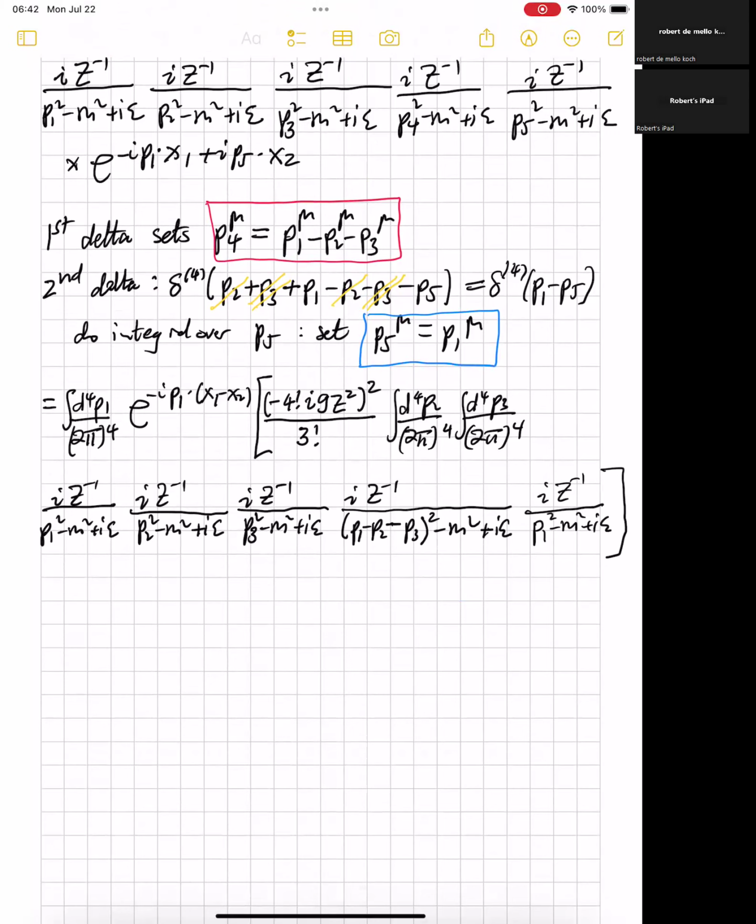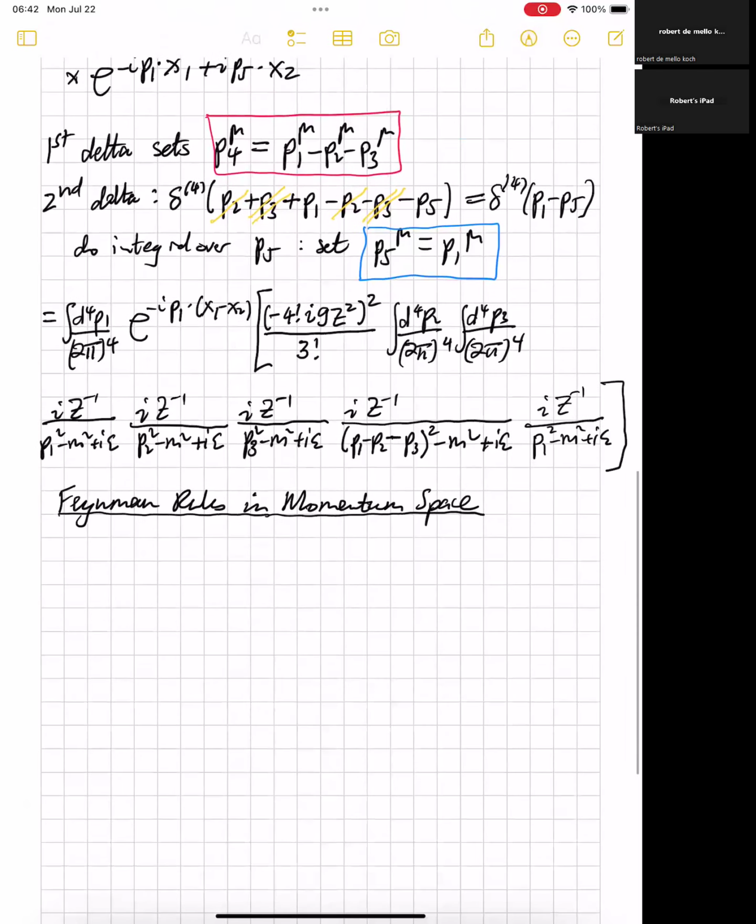So now we're just going to quote the Feynman rules in momentum space, and I'm really only going to list the differences between position and momentum space. As a first step, you draw the diagram, so this is the diagram that we're looking at.